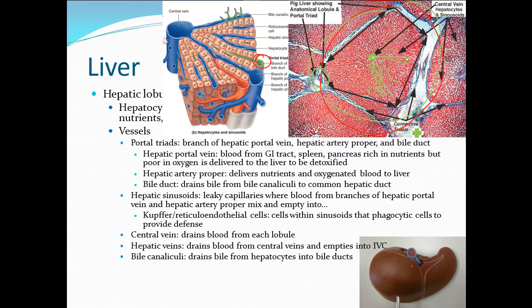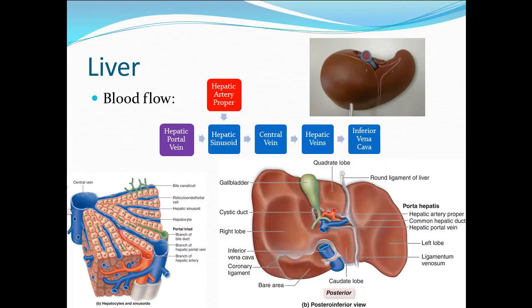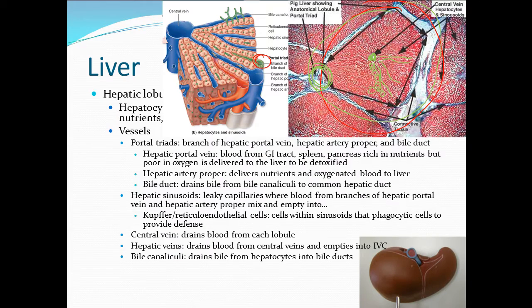If you look at the area in between the hepatic lobules, you have the portal triad. Okay? And when you look at the portal triad, I don't have a slide for it, but what you'll see is, first of all, a hepatic artery proper, right? You also have a hepatic portal vein, right?